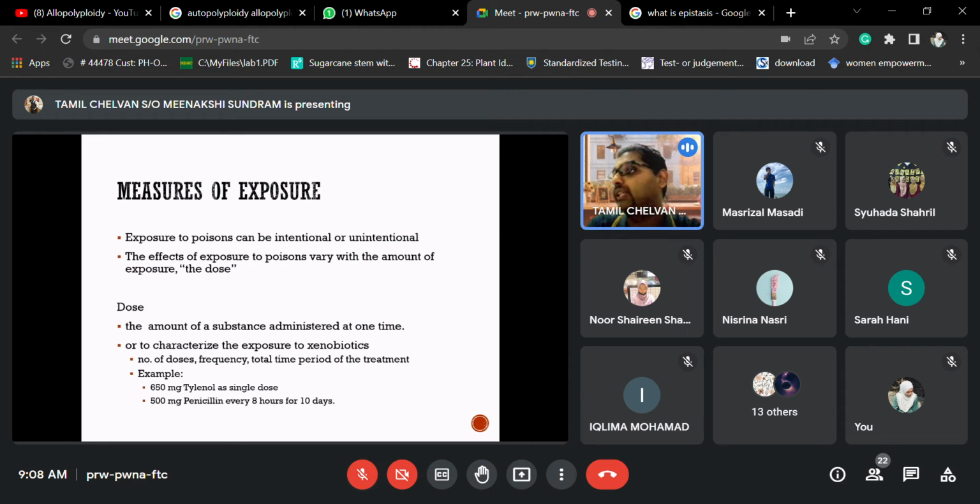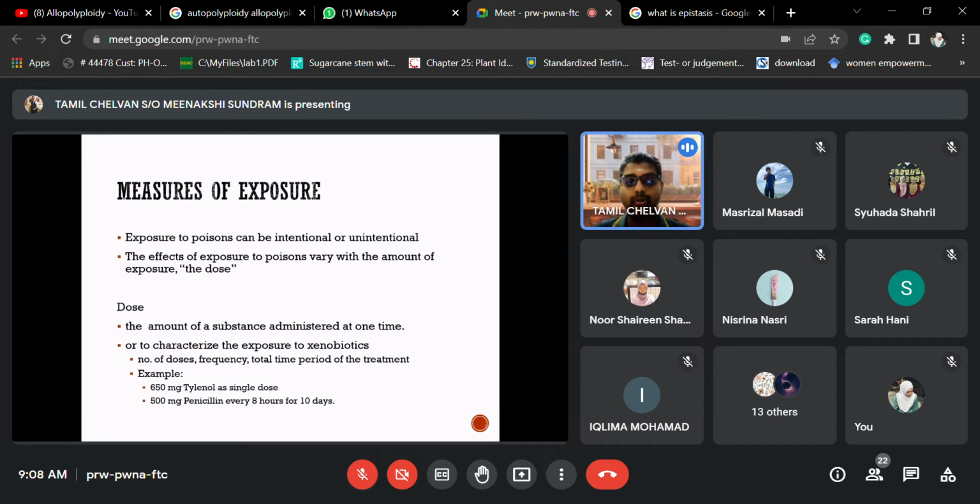Measure of exposure. Exposure to poisons can be intentional or unintentional. So you can be exposed to poison intentionally or unintentionally. The effects of exposure to poison vary with the amount of exposure, the dose, how much you were exposed. So it depends on the dose.